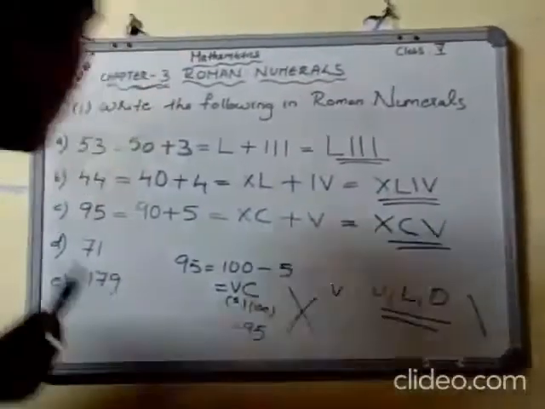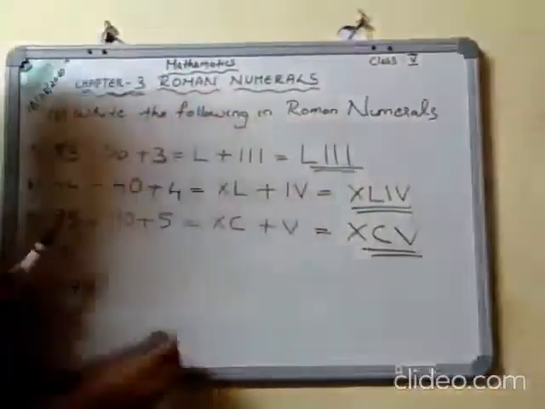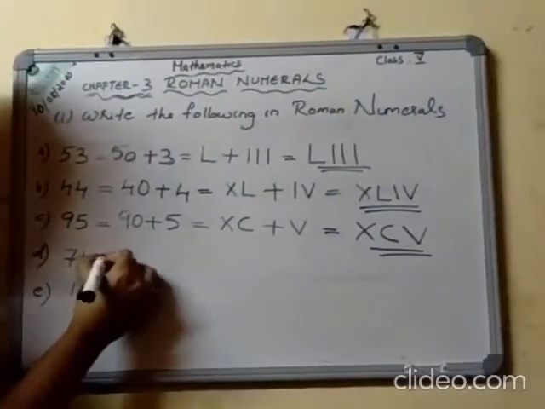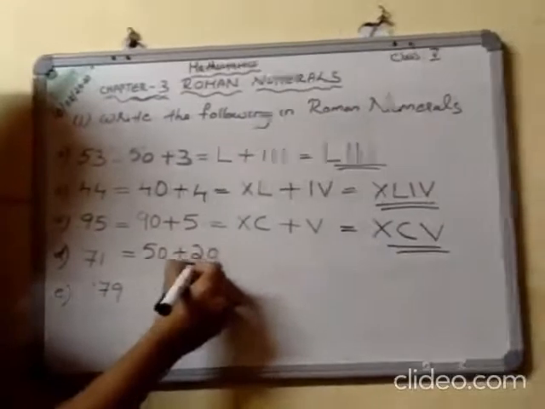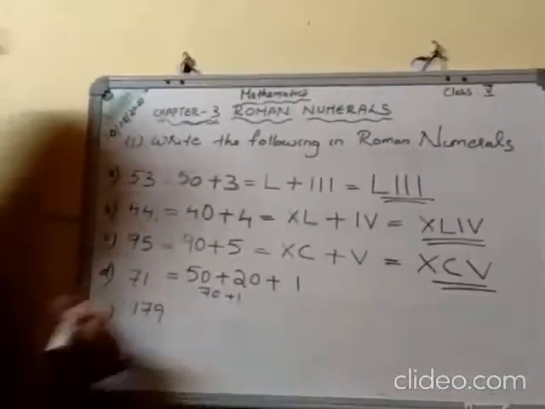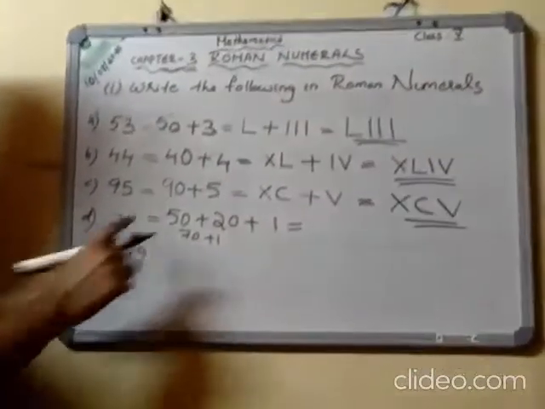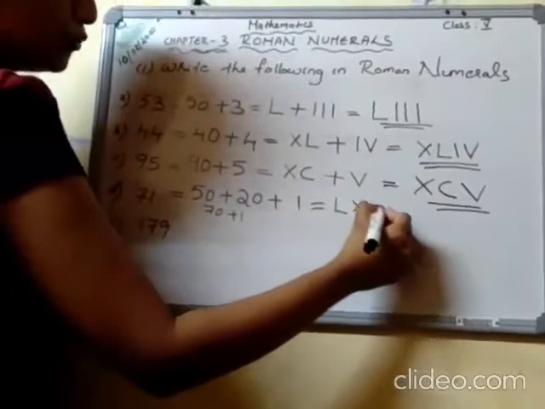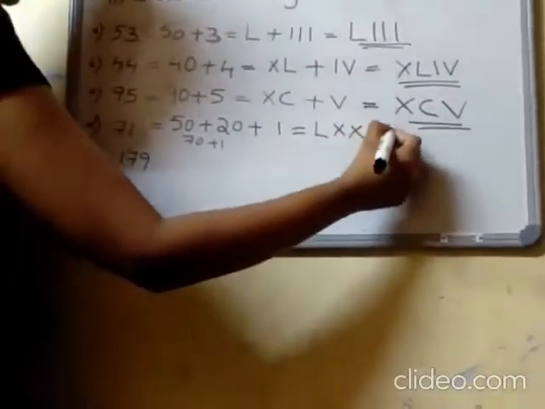Now can you tell how you can represent 71? How can we write 71? 71 can be written as 50 plus 20 plus 1, or you can write it as 70 plus 1. Both are correct. And how will we represent 70? 70 can be represented by L and two X's. This is the representation of 70, plus 1.